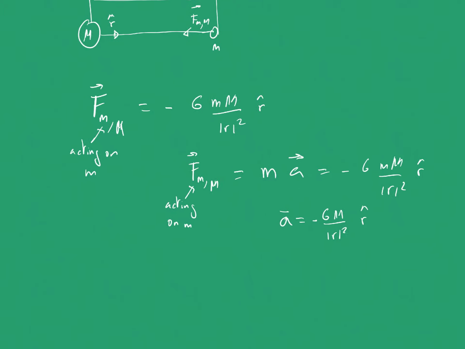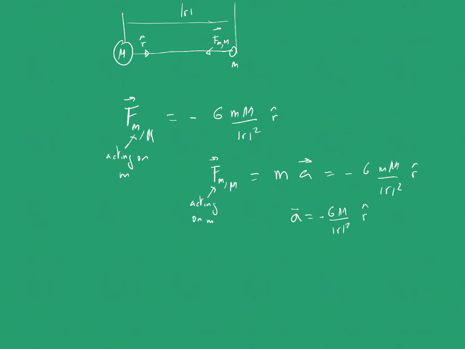And this acceleration that is due to gravitational force is normally called g. The g acceleration is GM divided by the magnitude of r squared in the direction opposite to the directional vector r, with a cap, the unitary vector.